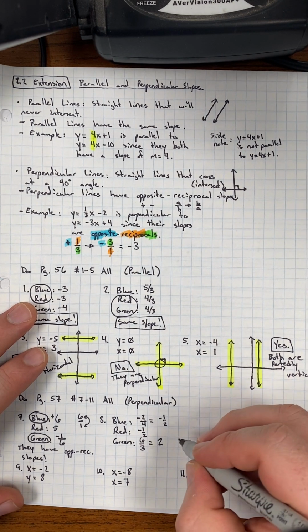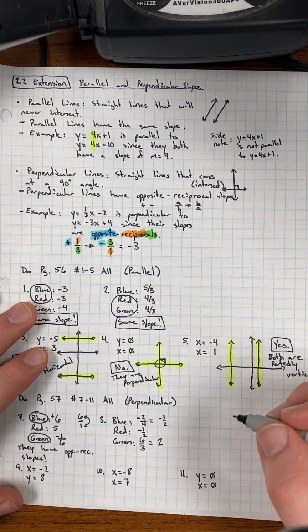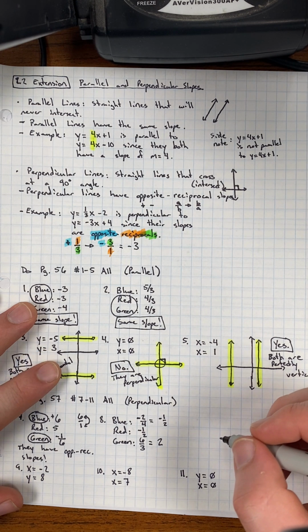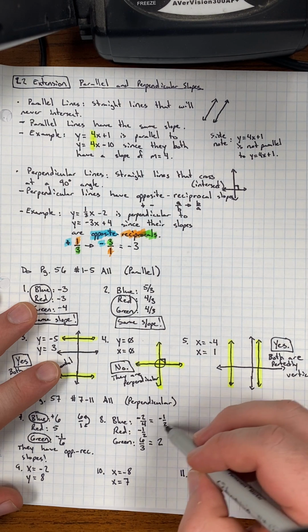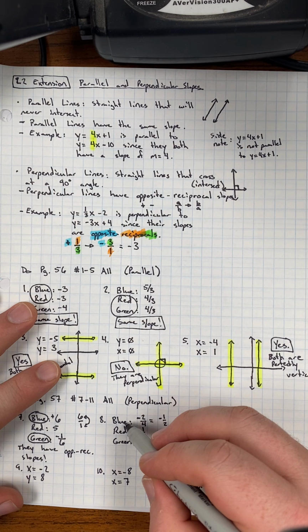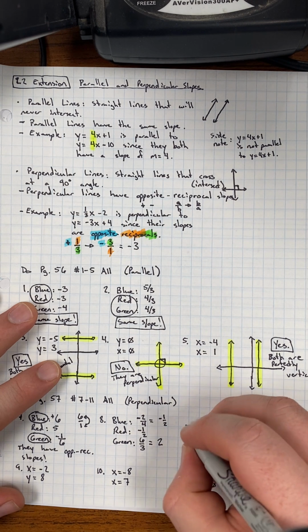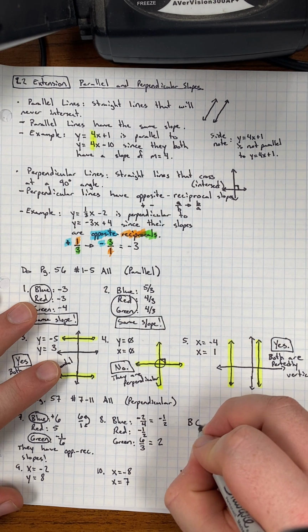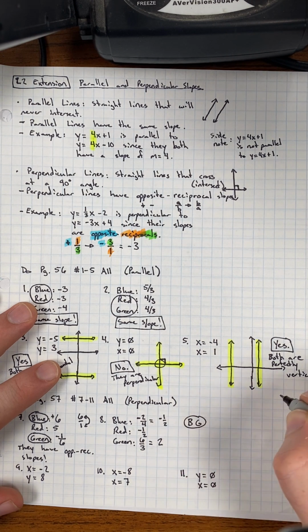Okay, so now I have to ask myself which of these are actually going to be perpendicular to each other. Well, I know red and blue aren't perpendicular because they have the same slopes, so that's not going to work. But I did find out that blue and green match. So blue and green are perpendicular.